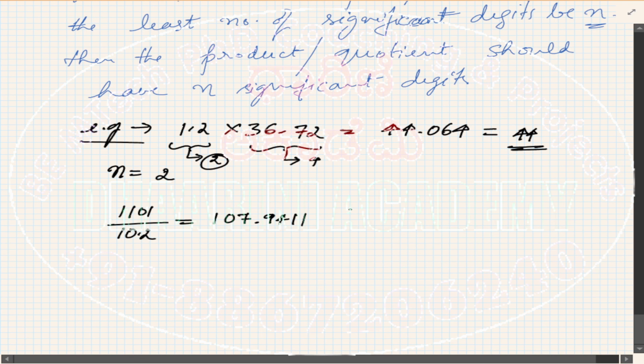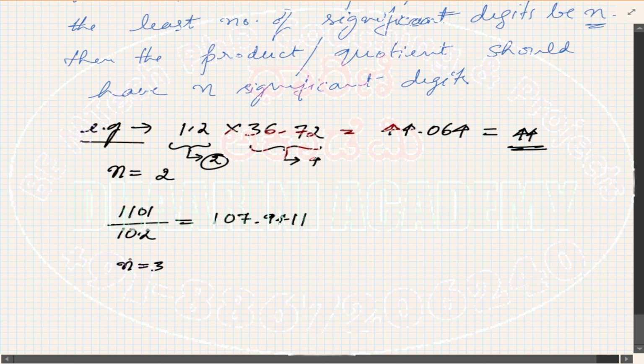Okay, but I check out of the two numbers given, 1101 and 10.2, I have the least value of significant digits, that is n is equal to 3, for 10.2. So 10.2 has n equal to 3.